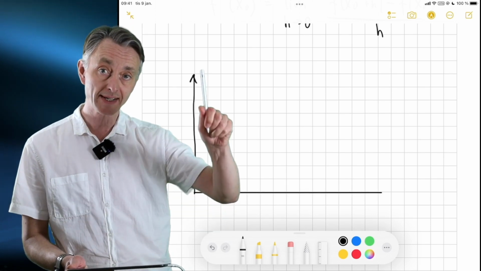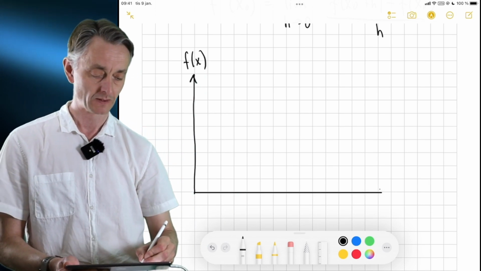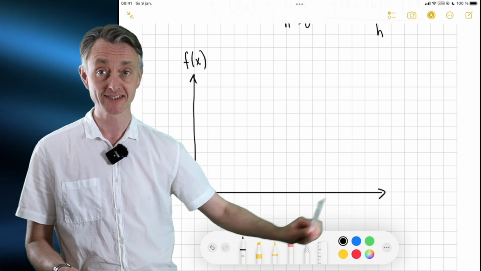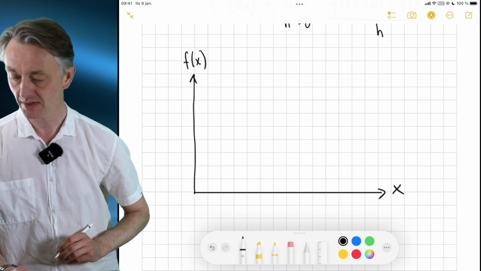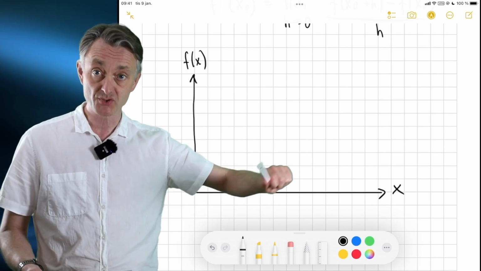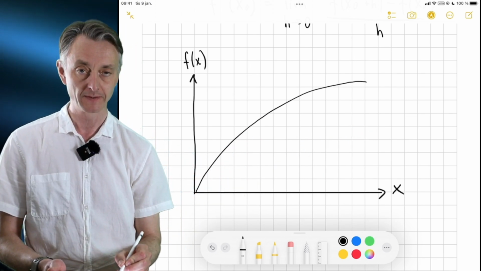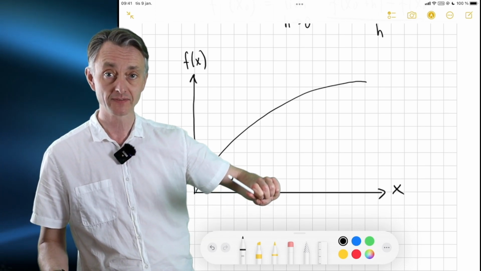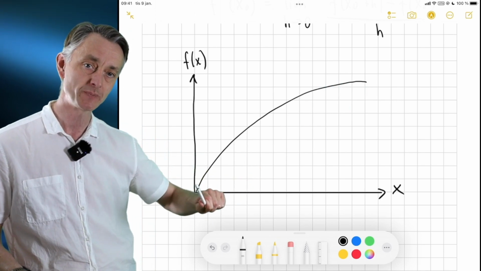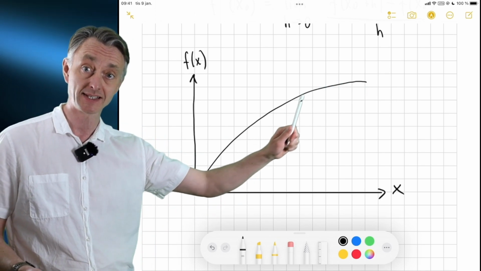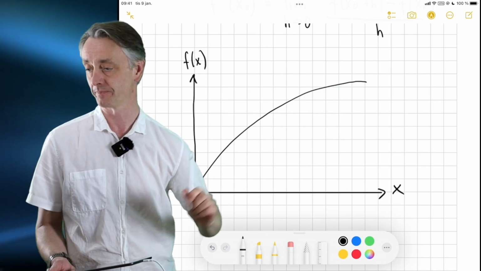On the y-axis here we have f of x, and on the x-axis we have, not so surprisingly, x. Then I just draw some sort of equation. This is a concave function, because we see the slope is very steep here and then it gets less and less steep. So this could be, for example, like a profit function.